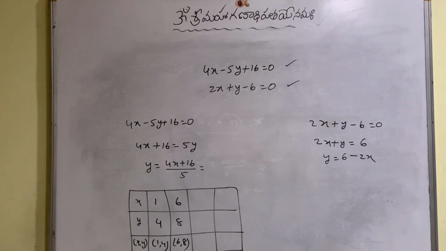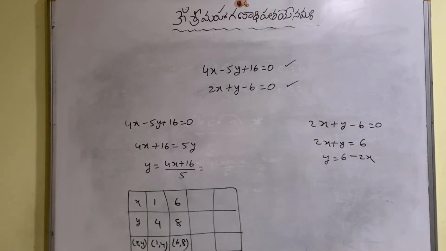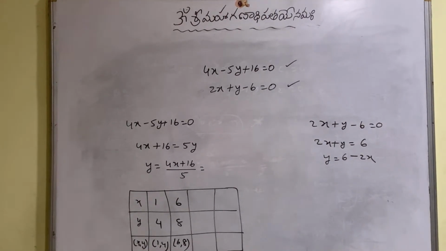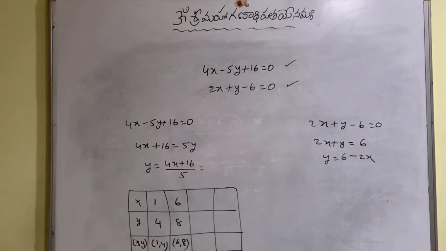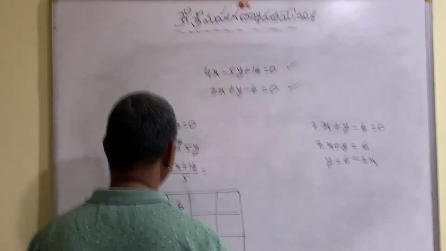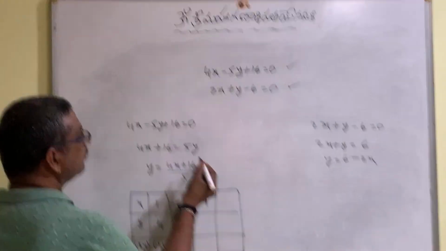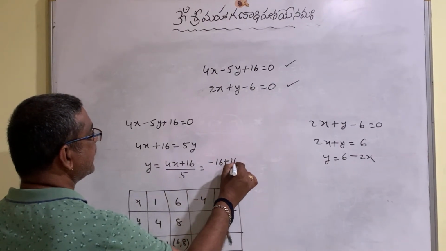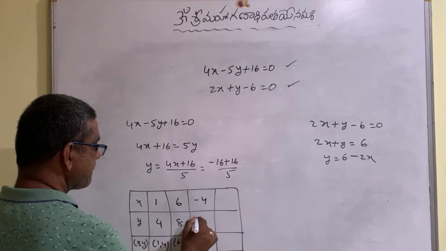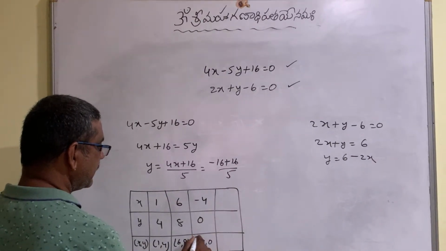Anyone? Negative 4, good. 4 into negative 4 is negative 16, plus 16 by 5 is 0. Negative 4 comma 0.